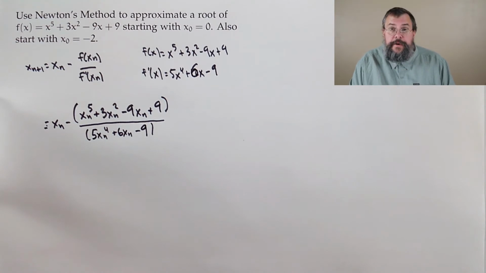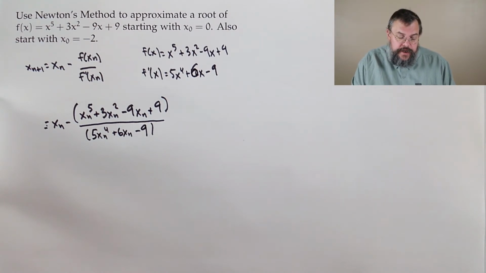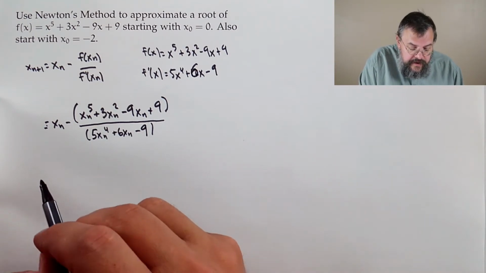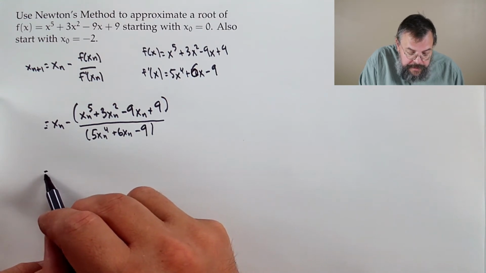Now, what do we do next? Well, one thing we can do, of course, is simplify this expression. And I like simplifying, so let's go ahead and do that. If we simplified it, what would we get?